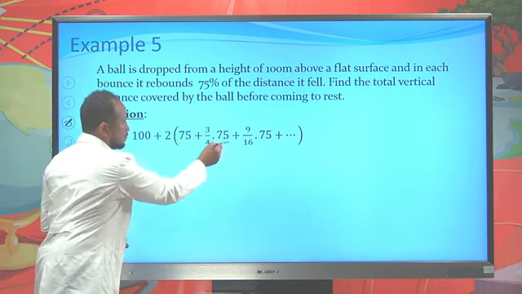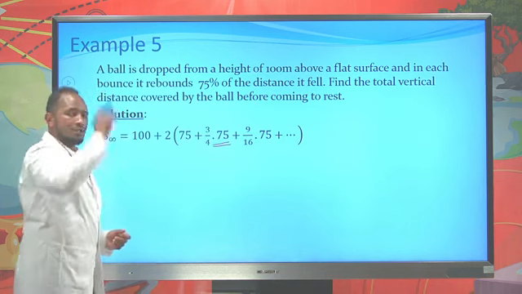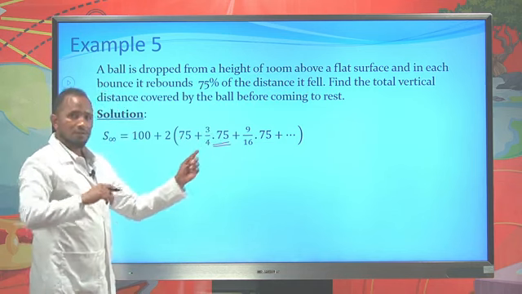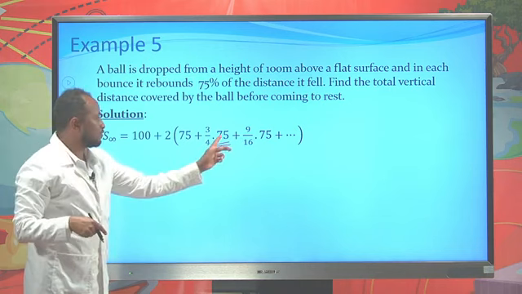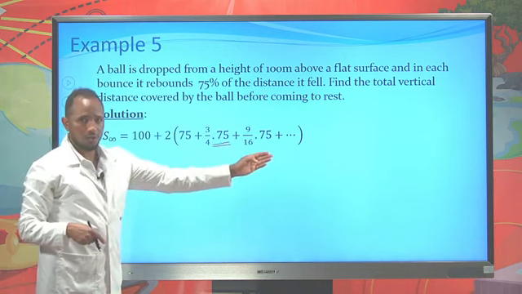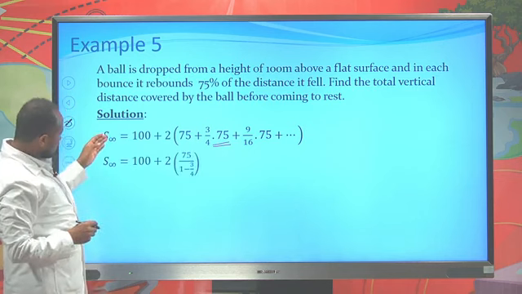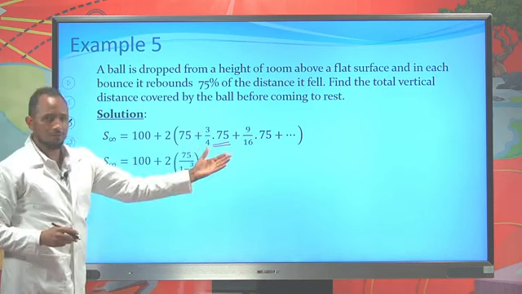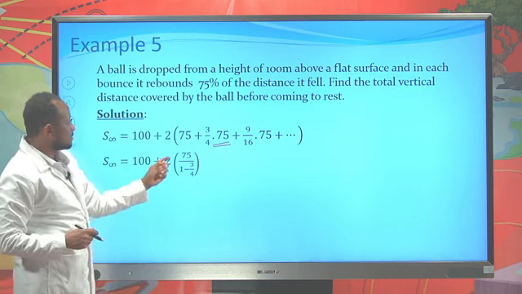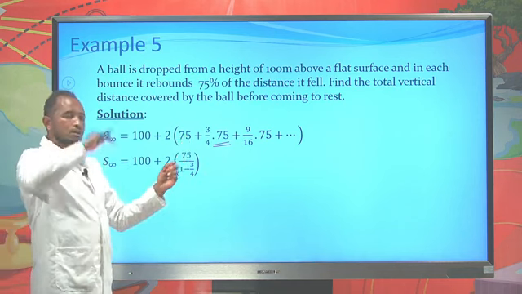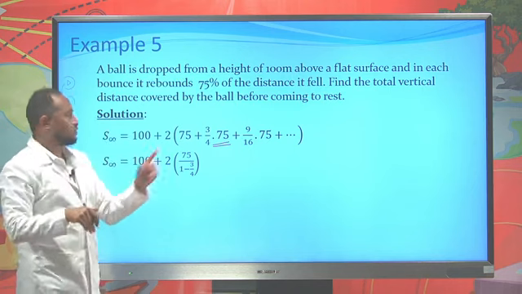Next to that, it rebounds 3/4 of 75, but it moves up and down, so we have two distances here, and so on. The sum of these terms will be 100 plus this 75; it rebounds 75, falls 75, twice.